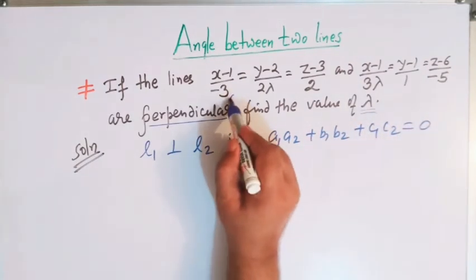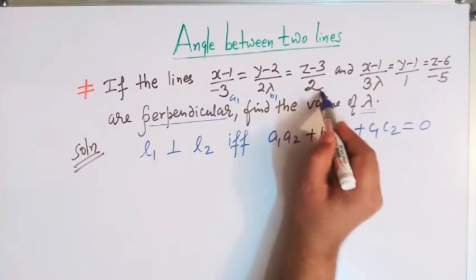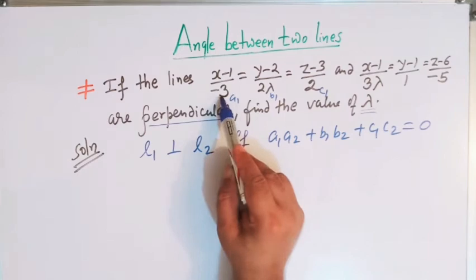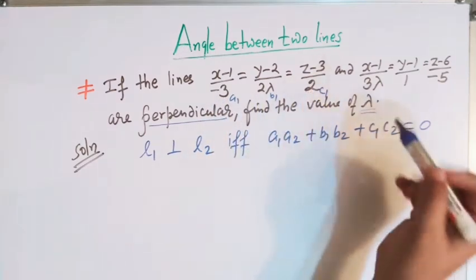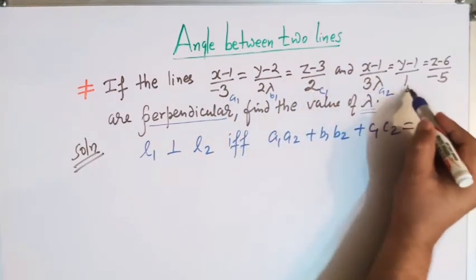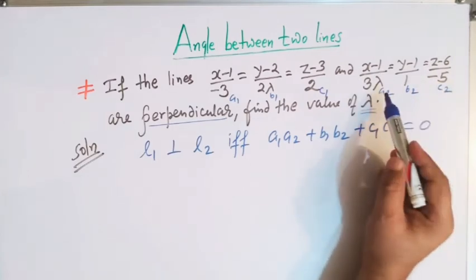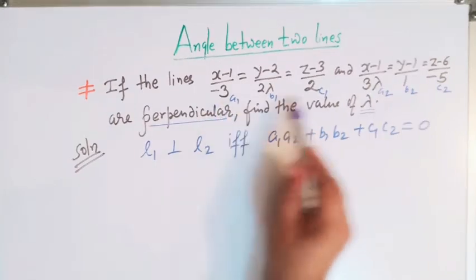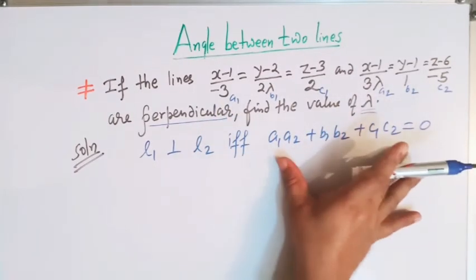Now here the direction ratios of this line are minus 3, 2 lambda and 2, and the direction ratios of the second line are 3 lambda, 1 and minus 5. So let us substitute these values in this equation.